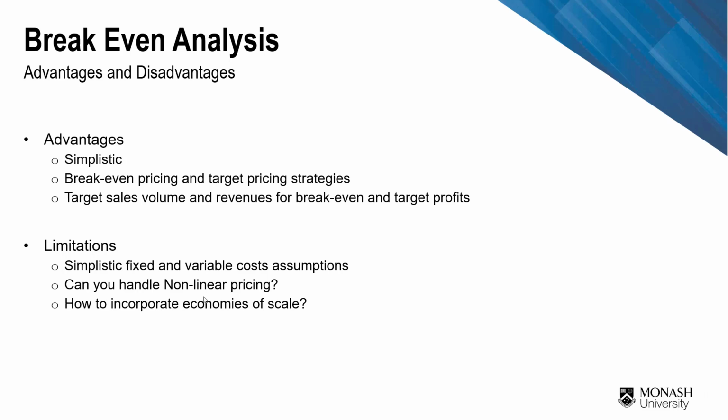And lastly, how would you incorporate the economies of scale? Economies of scale is the benefit of large production. So if you have large scale production, for example a manufacturer, oftentimes in the first part they're still testing the waters and so on.